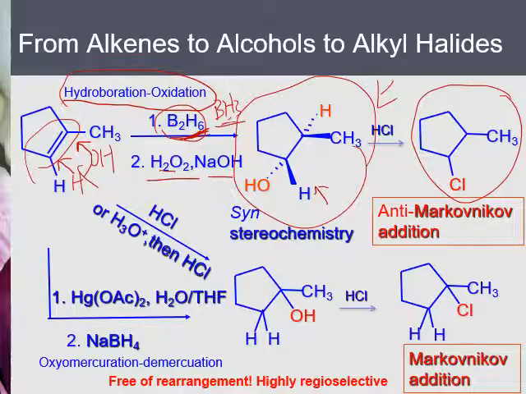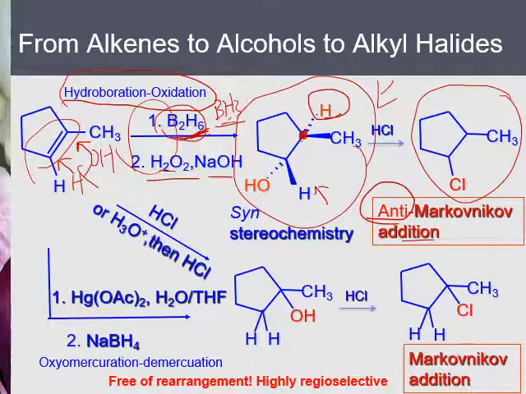If you combine these two steps together, then water will be added to the double bond, and the reaction also follows the anti-Markovnikov rule. That means the hydrogen adds to the carbon that has the least hydrogen. Remember, Markovnikov rule says hydrogen adds to the carbon that already has the most hydrogen.